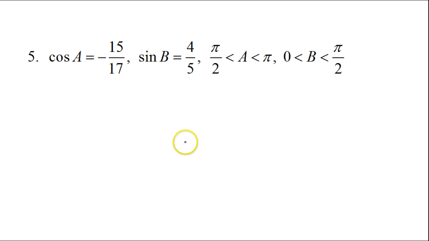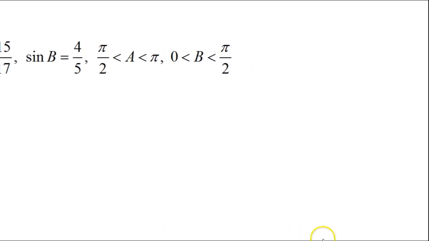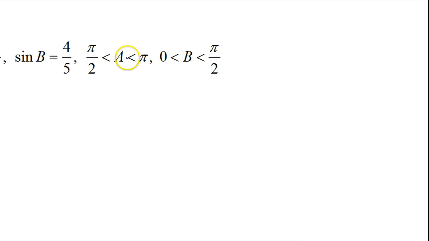And then number 5 is pretty much the same thing all over again. First of all, angle A is between pi over 2 and pi. So that's the second quadrant. So I need to draw myself a little diagram of the second quadrant like this.